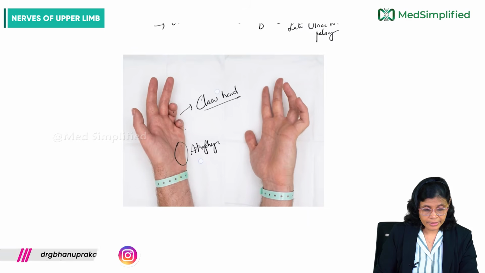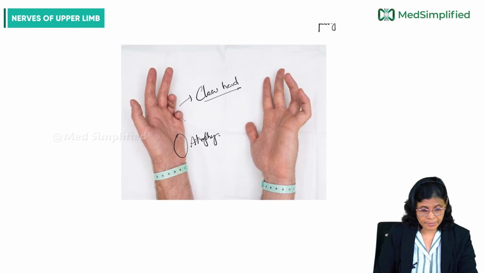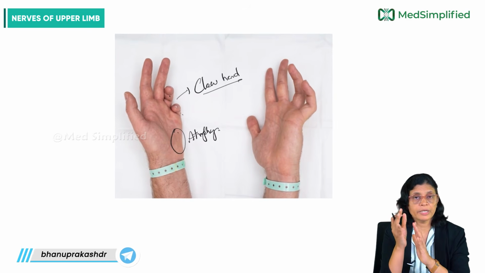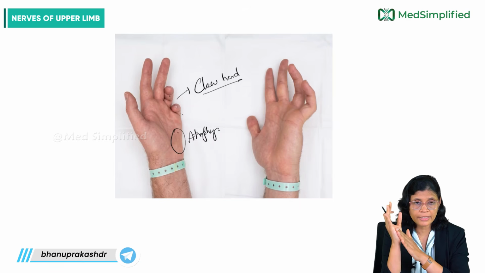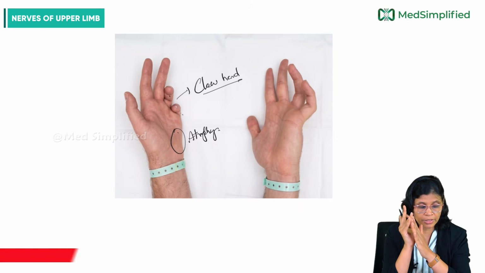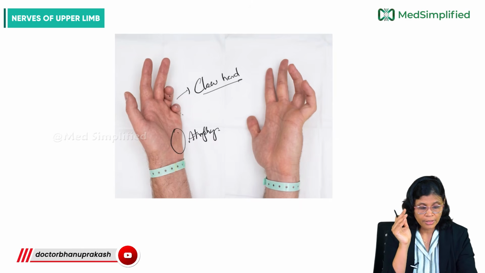Then flattening of the hypothenar eminence, atrophy, I told you that. That is about the motor loss. What will be the sensory loss? Sensory loss will be over the skin over the medial part of the palm, as well as the skin over the medial 1.5 digits. So there is loss of sensation.